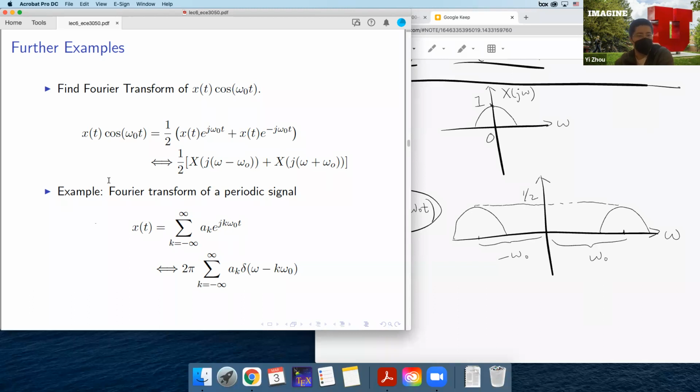But actually, we can still apply Fourier transform to analyze periodic signals. So the idea is that if you have a periodic signal, we first do a Fourier series decomposition. So this is lecture 5. And now we apply Fourier transform on such an infinite summation series.